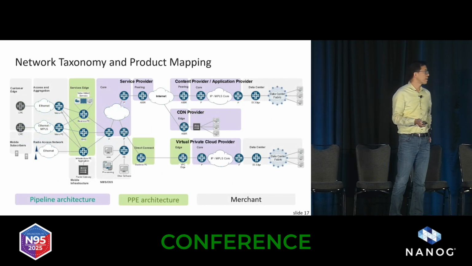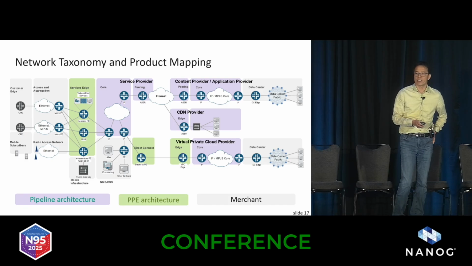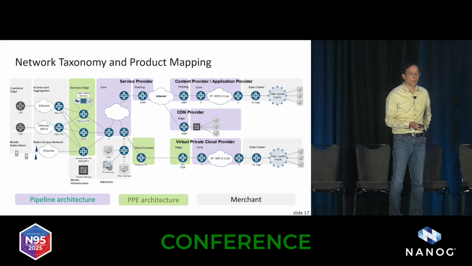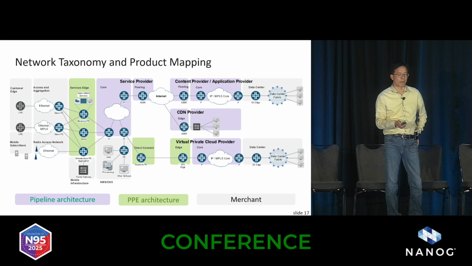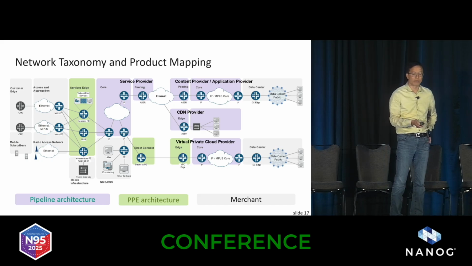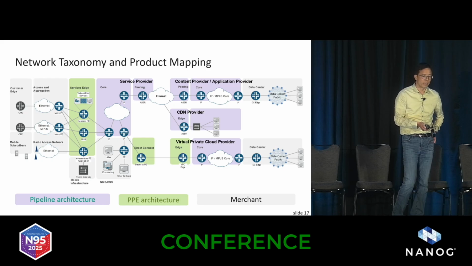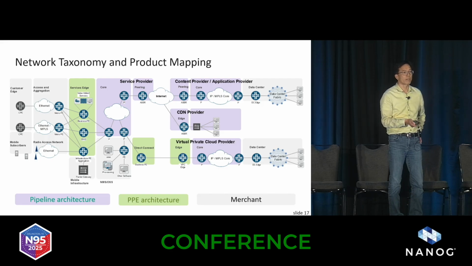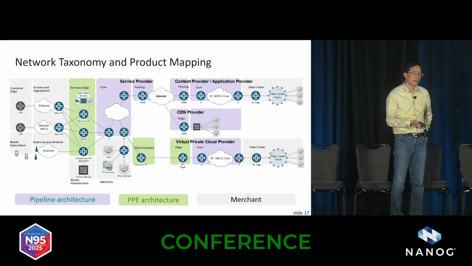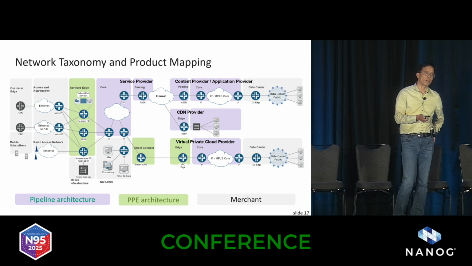So I borrowed this slide from our marketing team. Basically, it's trying to color code the different market segments and which architecture serves them better. In the middle are the service provider, content provider, and application provider. Usually, for those in purple, the pipeline architecture serves this market fairly well, providing pretty good cost per bit or power per bit.